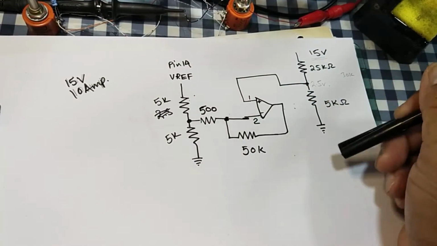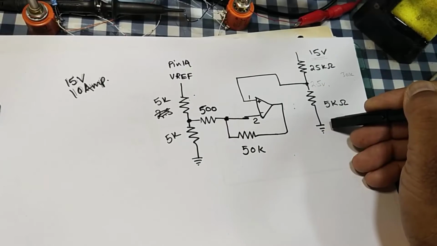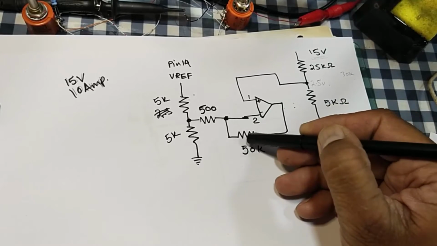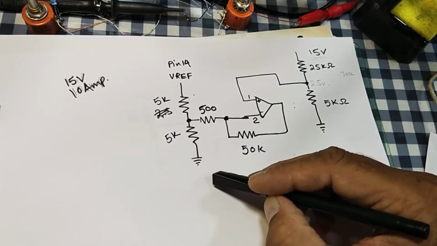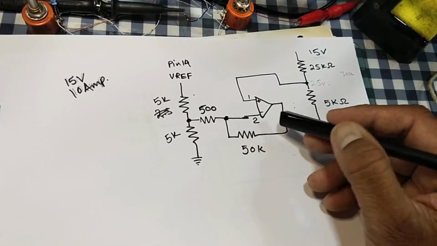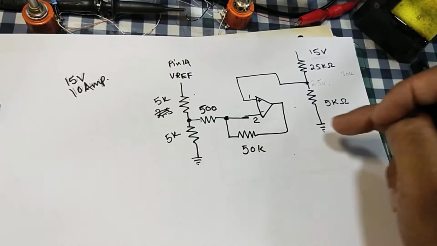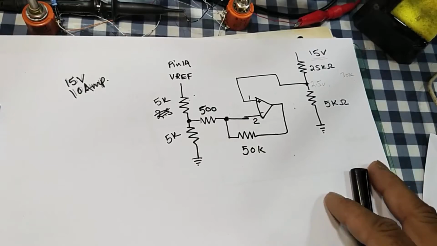If we increase the gain more, it may lead to ringing. Or if we select a low value resistor, that will cause a slow response in the feedback system. So these resistor values will maintain 15 volt in the output.